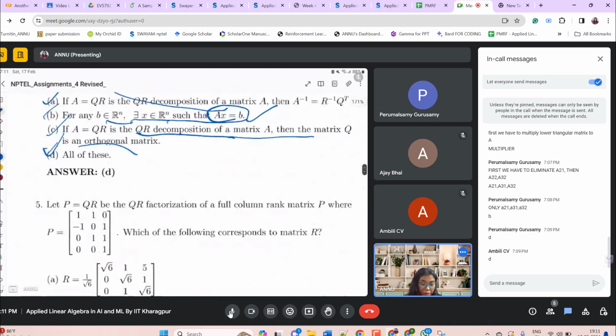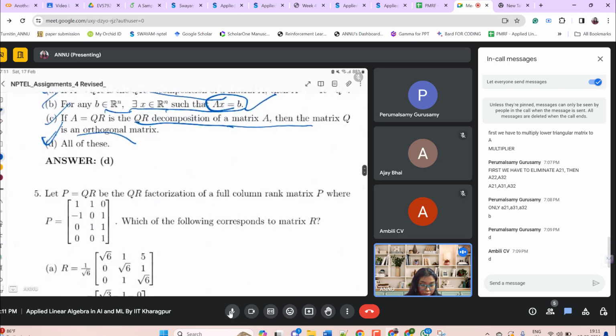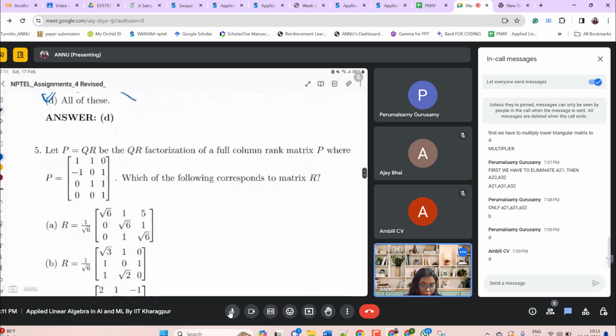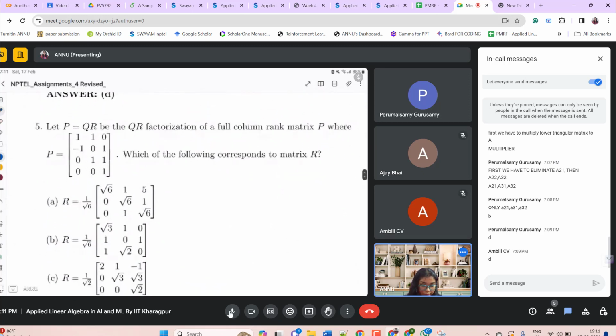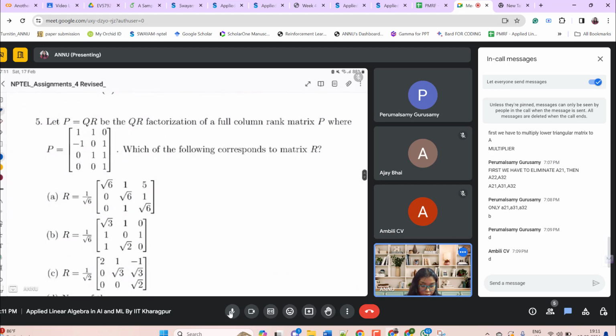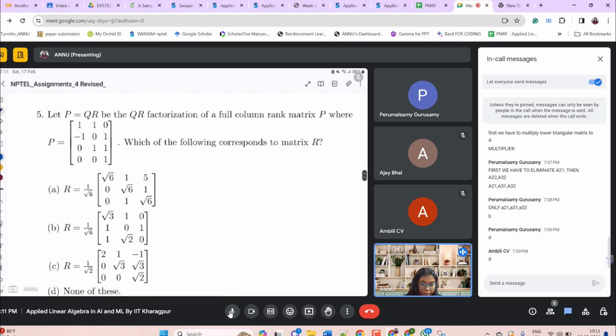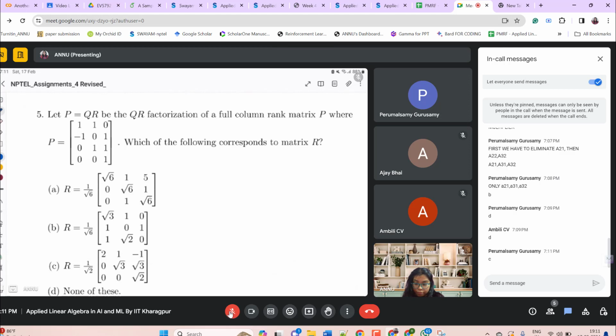Yeah, again it is from QR decomposition. Not sure how to solve this question, but if any one of you know, let us solve this question. So the answer is C, only one told.